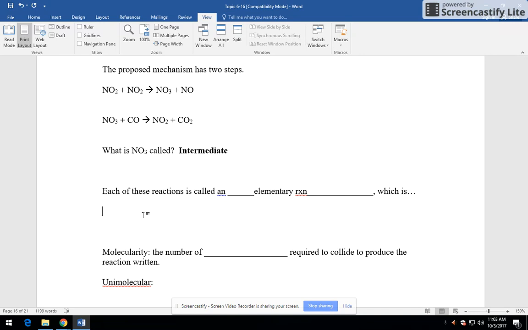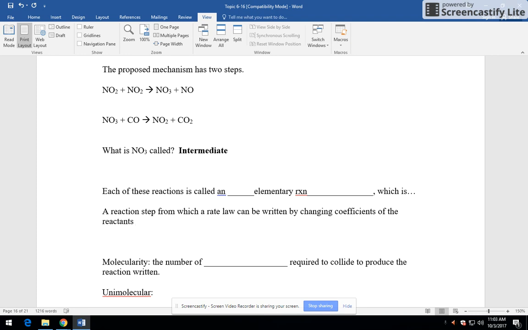So an elementary reaction is a reaction step from which a rate law can be written by changing coefficients of the reactants into exponents.